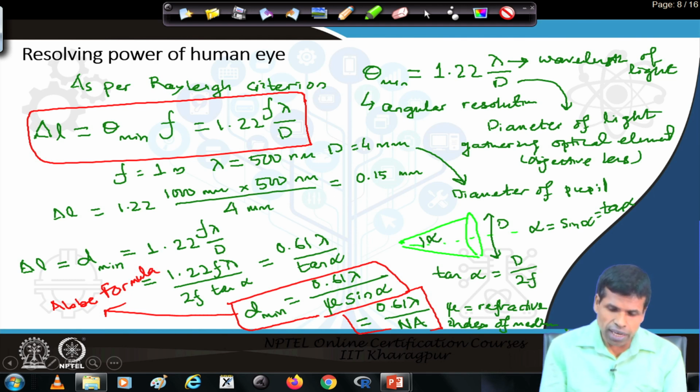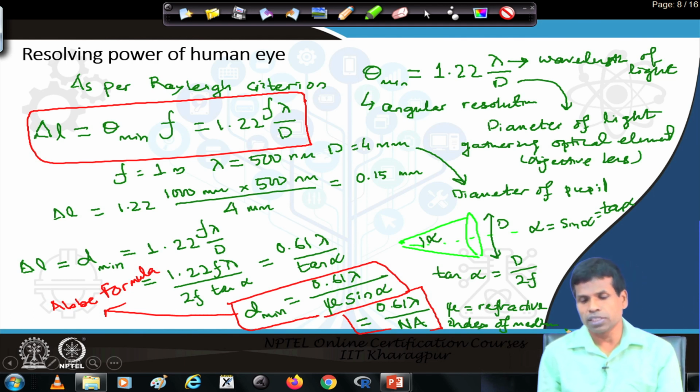So, now using visible light, let us say we can use minimum 400 nanometer, and if we use UV light, then we can go ahead to use 200 nanometer of wavelength. And if we use oil immersion lens, which has a little higher refractive index, at the same time if we use the larger aperture angle, then we can have a high numerical aperture.